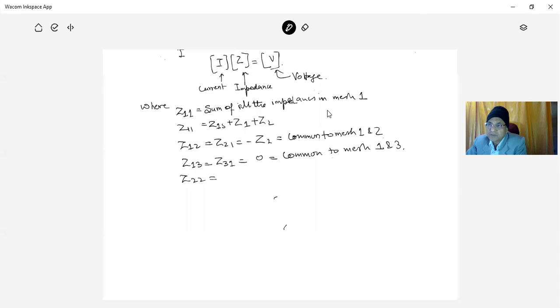Z22 is equal to Z2 plus Z3 plus Z4. That is the sum of all the impedances in mesh 2.